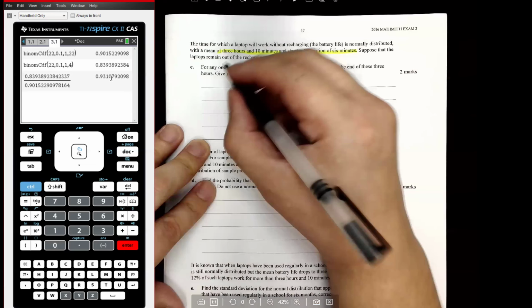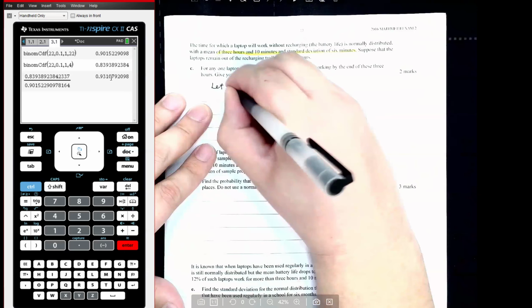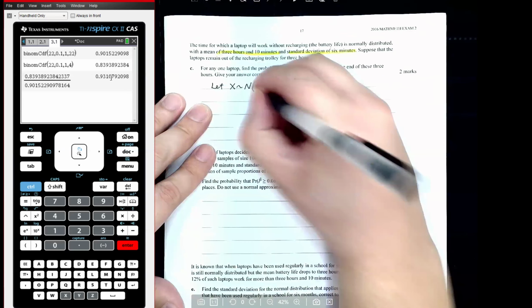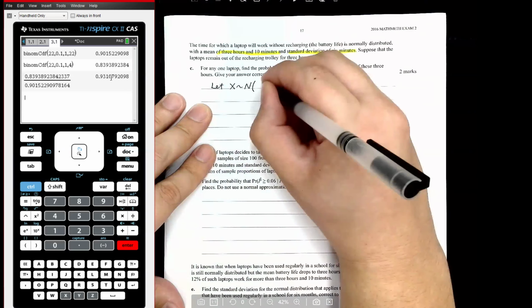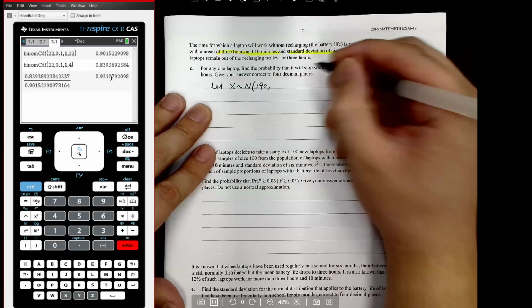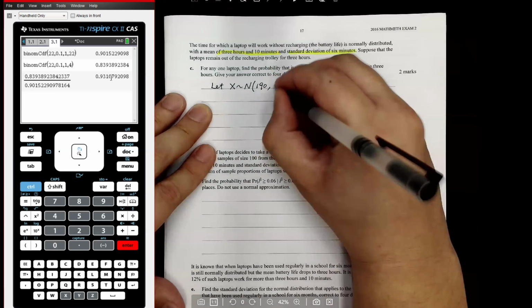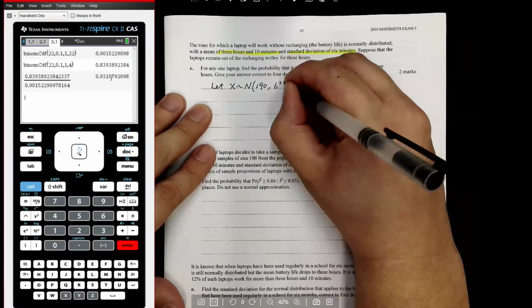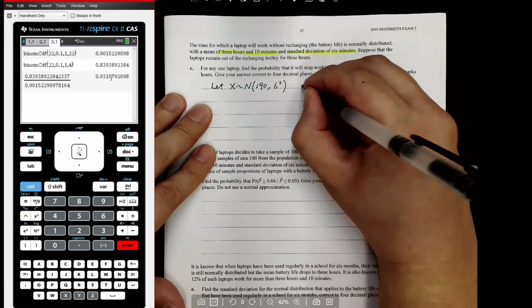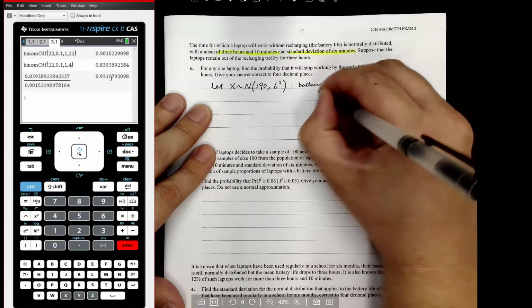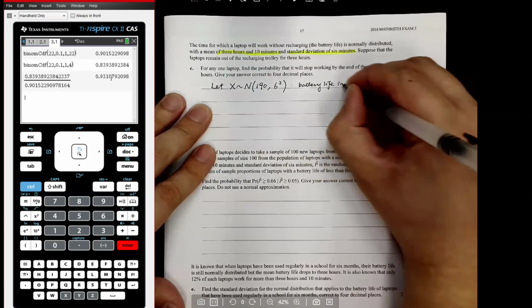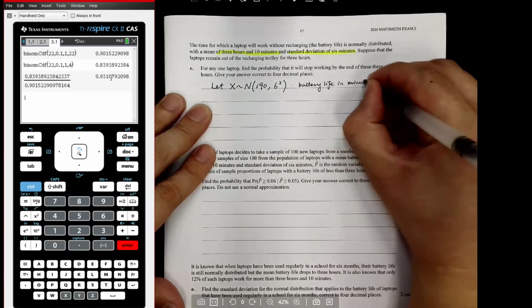So let's say let X be a normal distribution. 3 hours is 180 plus 10, that's 190 minutes. That's the mean value. And the standard deviation is 6, so the variance is 36 or 6 squared. Battery life in minutes. Okay.